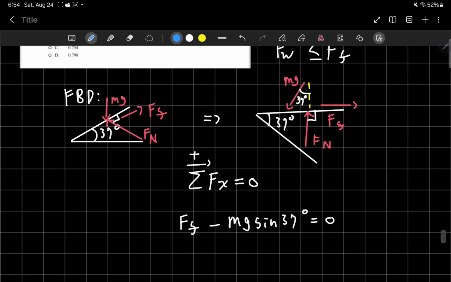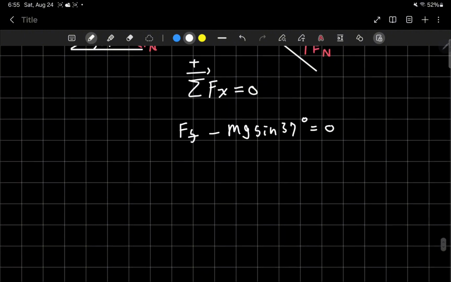It's sine 37 because we want the force in this direction. This mg is made up of two forces, one in the x and one in the y. And sine 37, which is the opposite side, we're trying to look for the opposite side of the force, which is this one right here.